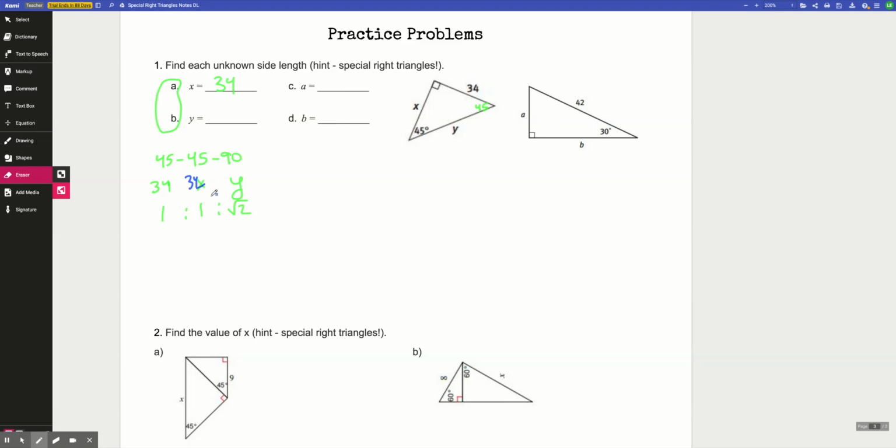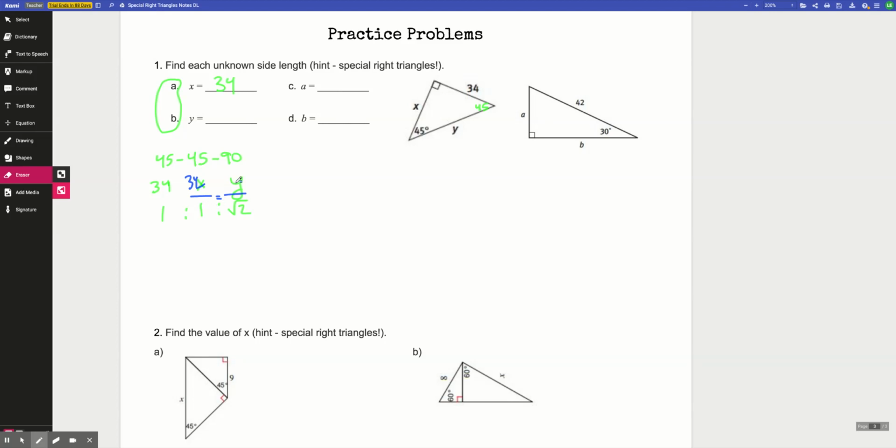The best thing to do, to not confuse yourself too much, is set them up as fractions and do the cross multiplication, because most of the time you're going to end up with a 1 in at least one of your fractions. So you don't have a bunch of extra steps to do, if that makes sense.